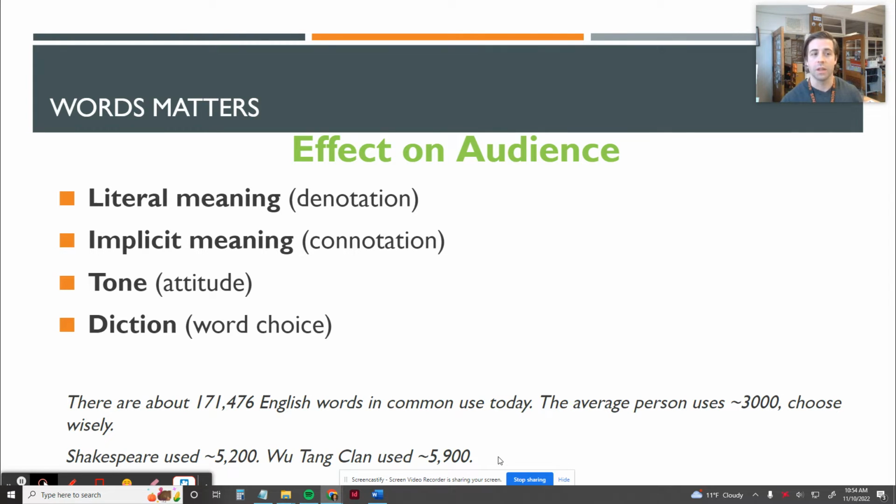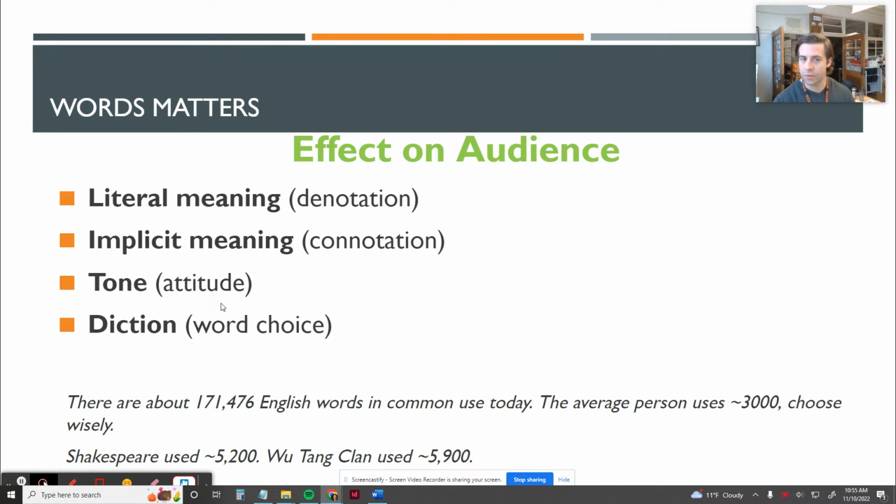That's the literal definition. But red also has connotations, like being angry or being scared or something that's dangerous. If we talk about being red in the 1950s, that meant you were communist, right? There's that connotation. It's not the literal definition of red, but it had that connotation of communism in the 1950s.